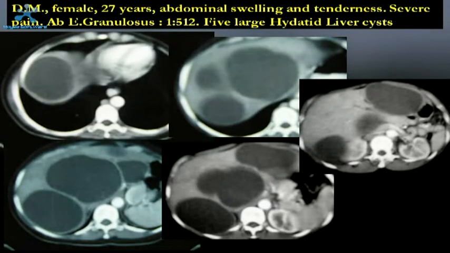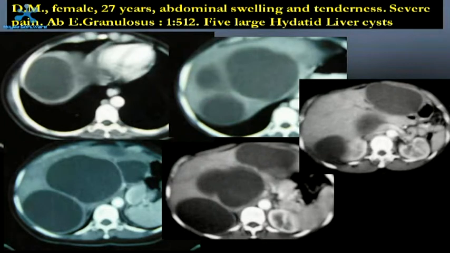This is the case of a female, 27 years old. Now she is 32 years old, and she presented with a very, very hard liver on palpation that clinically was highly suspected for a multimetastatic liver.